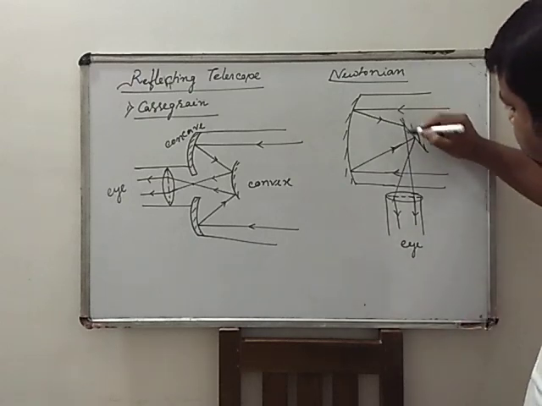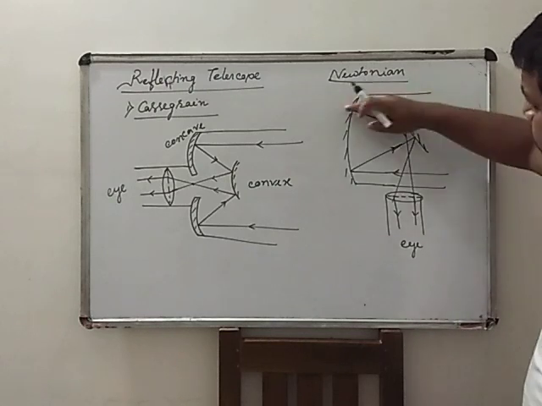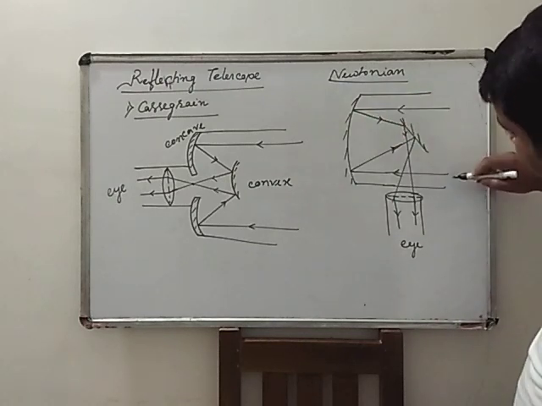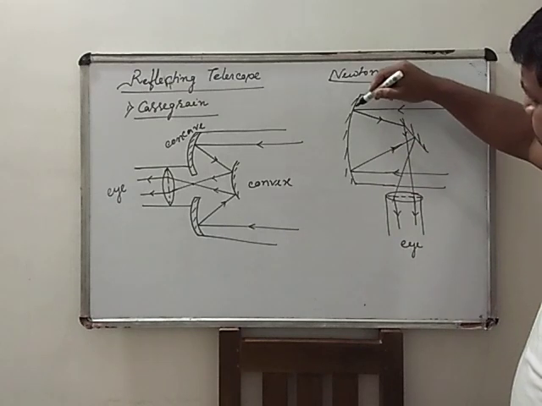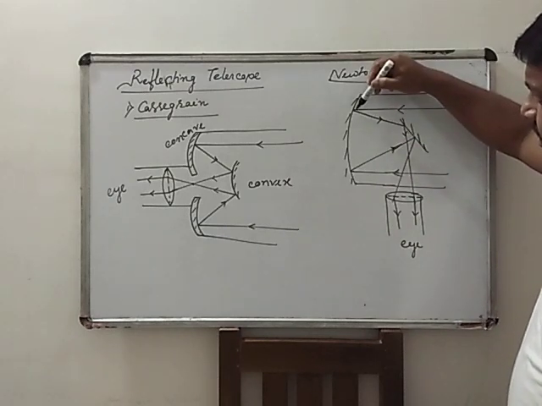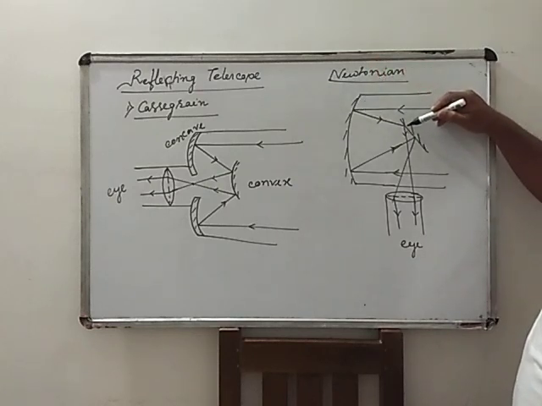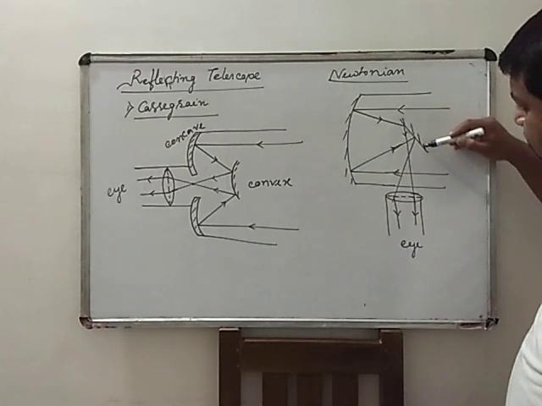Here it is a plane mirror. Same phenomenon: this is a parallel beam and this is a parallel beam. This parallel beam is incident on the concave mirror, after reflection this reflected ray is moving to the plane mirror, that means the reflected ray is incident on the plane mirror.